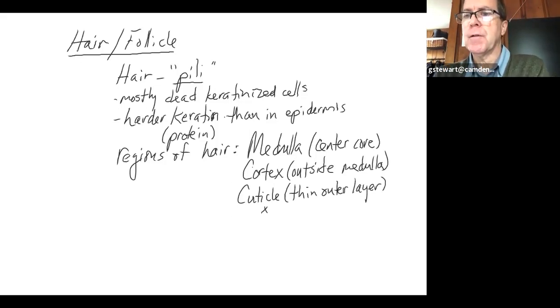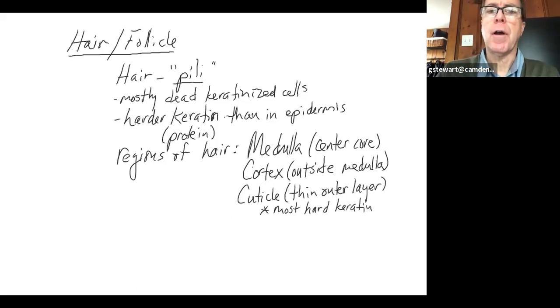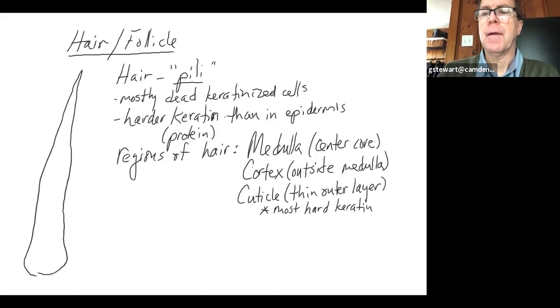The cuticle is where most of the hard keratin is. So if we were to just draw our hair, I'm going to pull up different colors just arbitrarily. I'll pick green for the medulla. That's the center core.